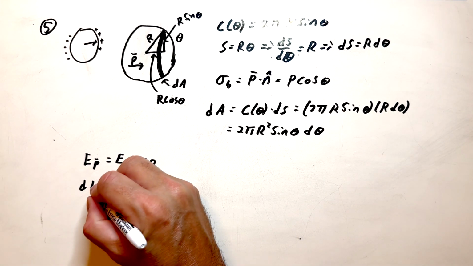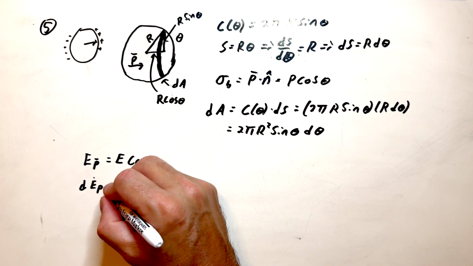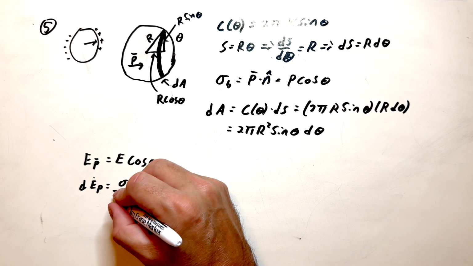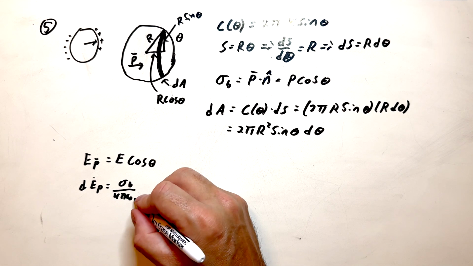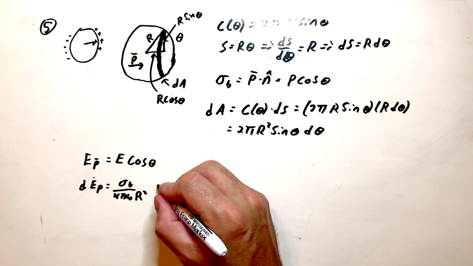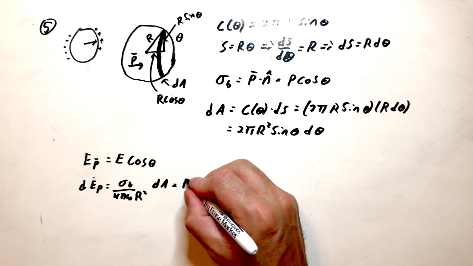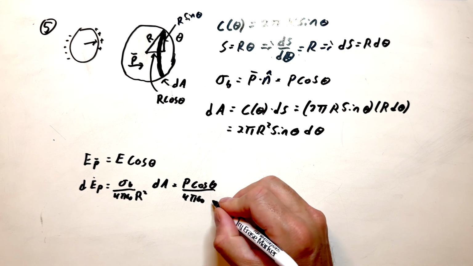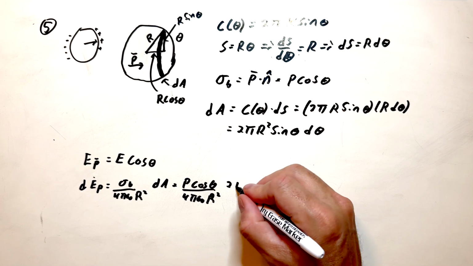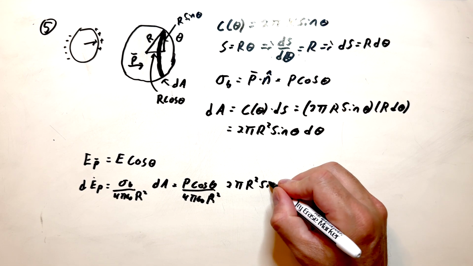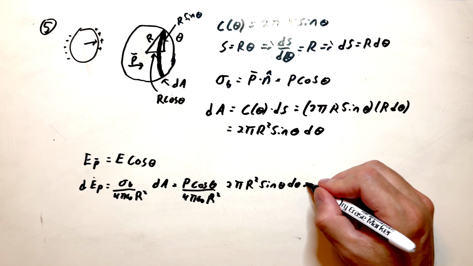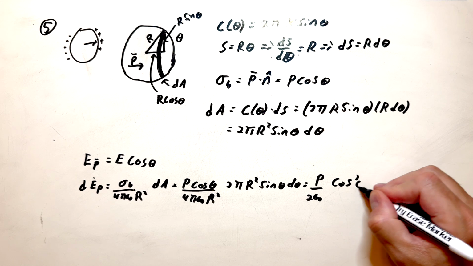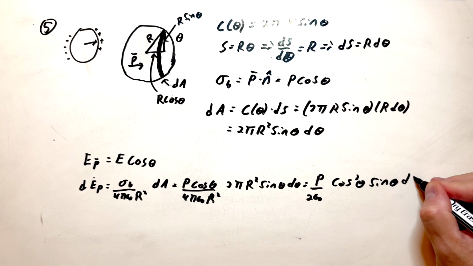And so if we now consider a dE sub p, that is going to be equal to sigma sub b, the bound charge density, divided by 4 pi epsilon naught big R squared times dA, which equals p cosine of theta over 4 pi epsilon naught R squared times 2 pi R squared sine theta d theta, which we can rewrite as p over 2 epsilon naught times the cosine squared of theta times the sine of theta d theta.